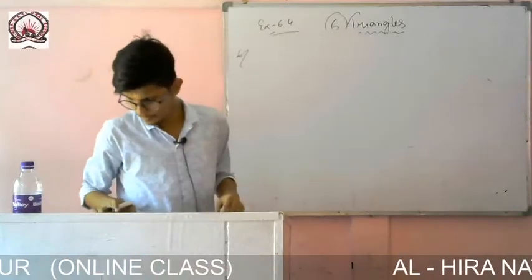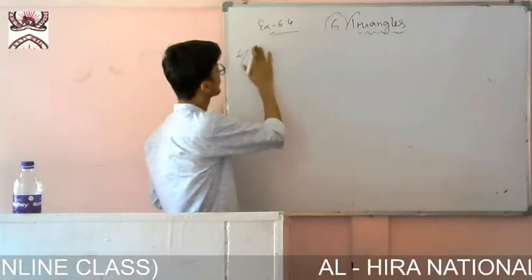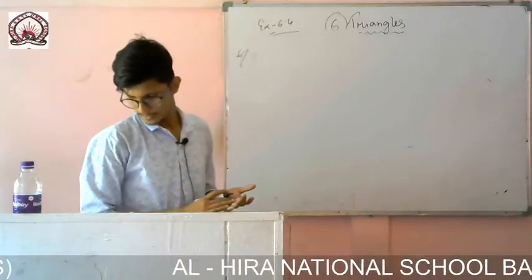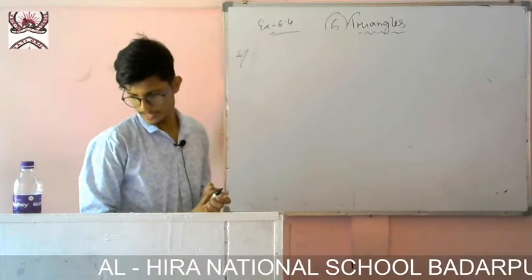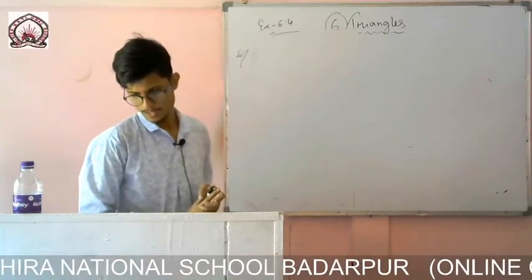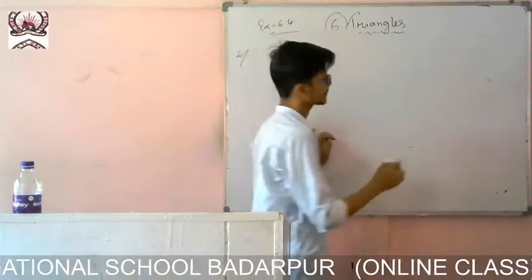So question number 6. What I have to prove is that the ratio of the areas of two similar triangles is equal to the ratio of the squares of their corresponding medians.